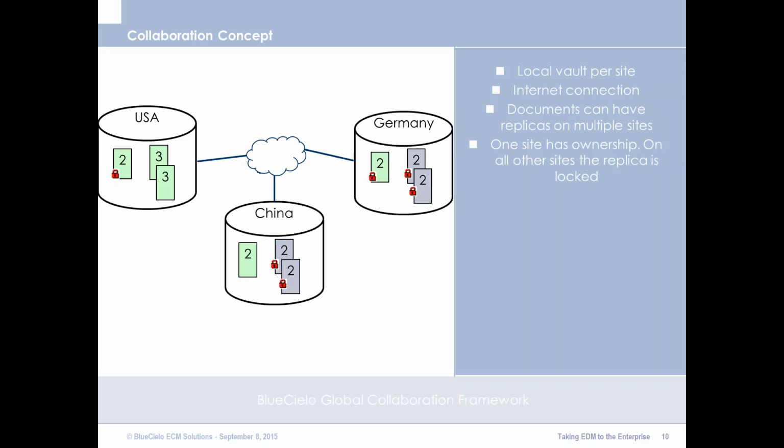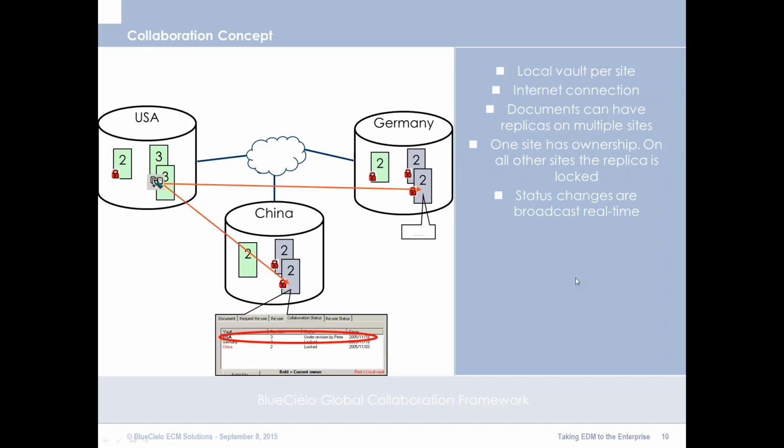So even though the same file exists on multiple vaults, only one vault or site owns it at a time. And then on all the other sites, that replica is currently locked. And we'll talk more about how that works.